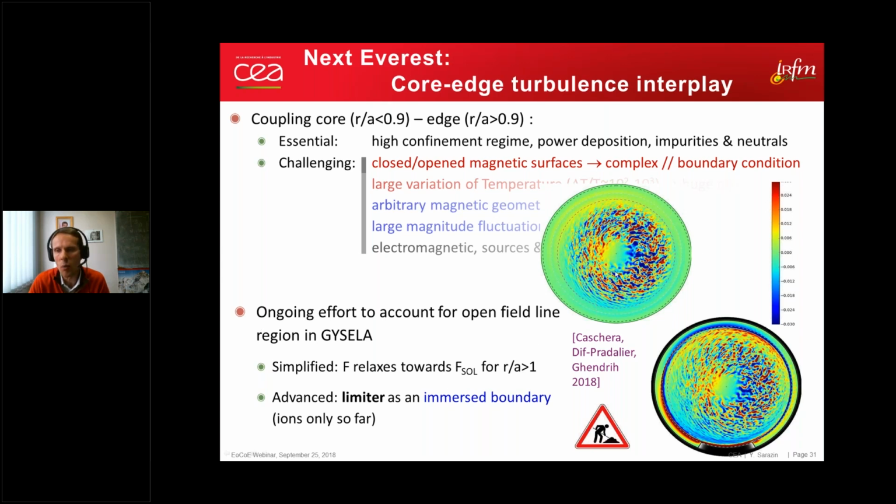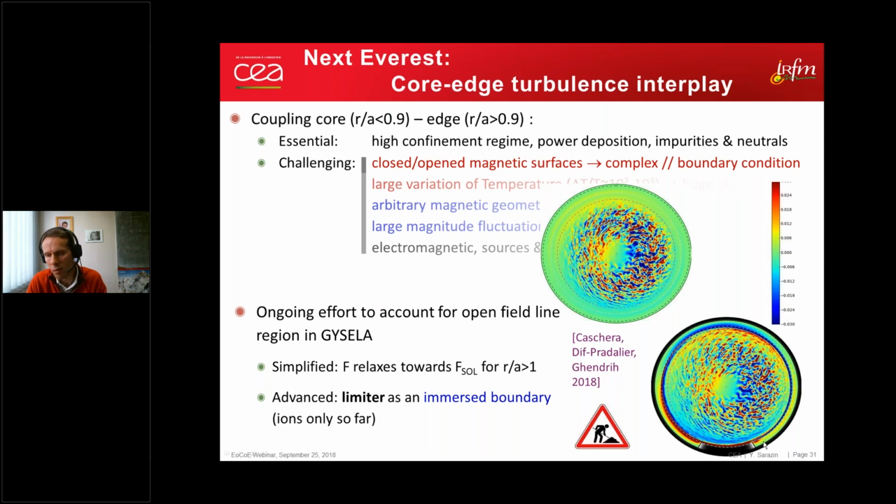This is an example performed in GYSELA, the code developed at CEA in collaboration with various other laboratories. You can see two kinds of simulation, one with a simplified boundary condition for the edge, which was the former way of modeling, and now the new modeling that we have recently implemented in the code, where we take into account the interaction of the plasma with a wall, in this case a toroidal limiter.